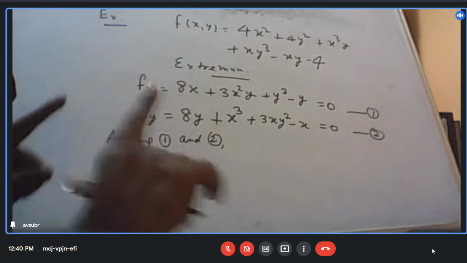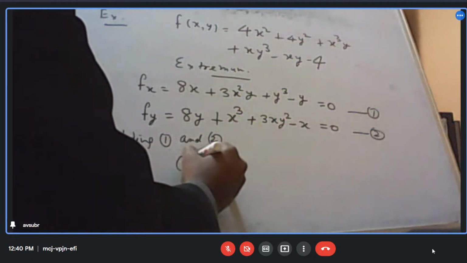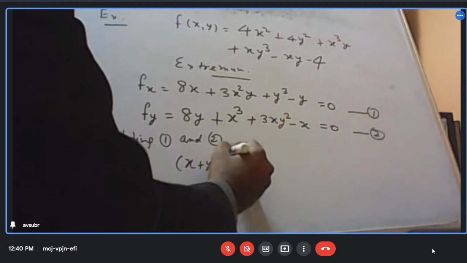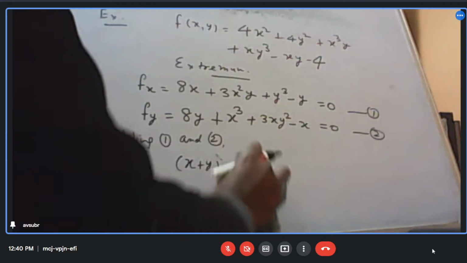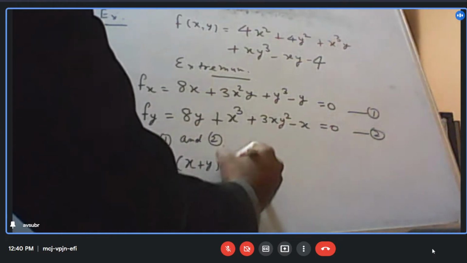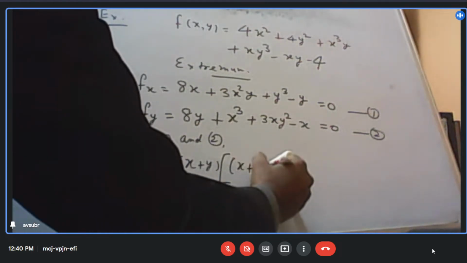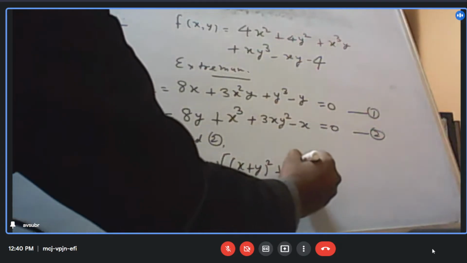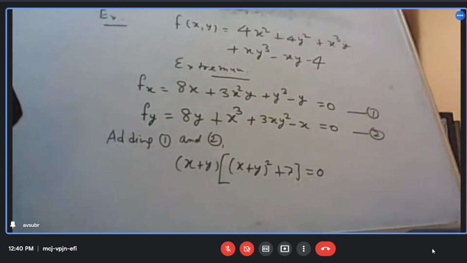After adding and simplifying, we will get (x plus y) into ((x plus y) whole square plus 7) equal to 0.